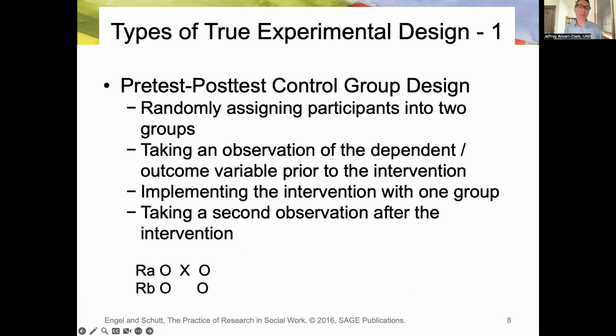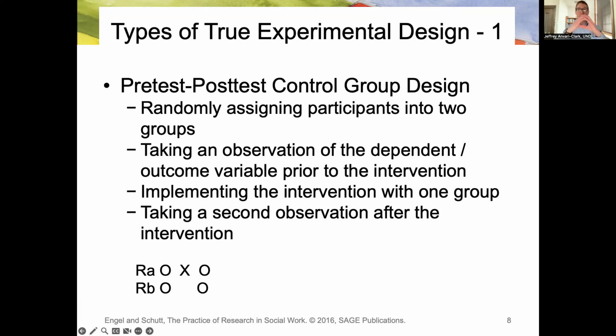So the first type of true experimental design is the pre-test, post-test controlled group design. This is where you have random assignment. So we see that with the R. And then we've got randomly assigned group A and randomly assigned group B. Now, both of those have an observation. So this is the pre-test.